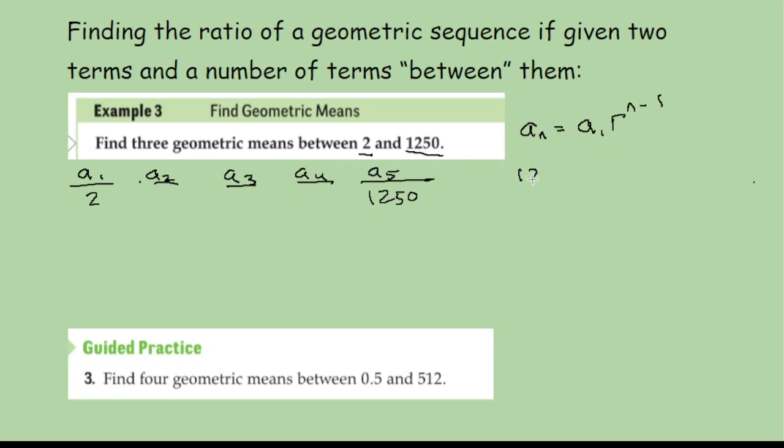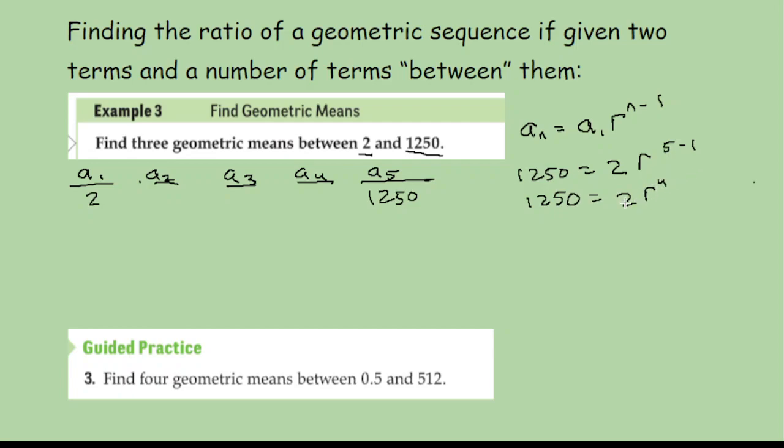So I write 1250 for a_n, equals a_1, my first term, which is 2, times r, which I don't know yet. But I do know n is 5, because you've got 5 terms here, so we have 5 minus 1. Let's simplify this now, and then we're going to use what we know about roots.